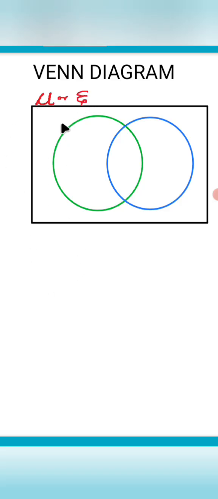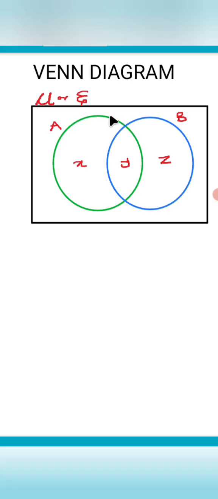Now let's take the first circle as A and the second circle as B. Inside each of the spaces we have there, let's take this as space X, space Y, and space Z. Now, what does this mean?